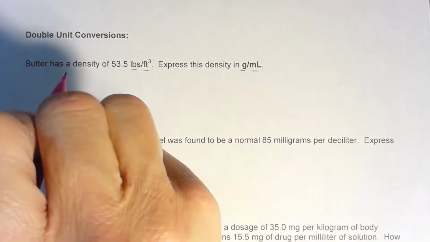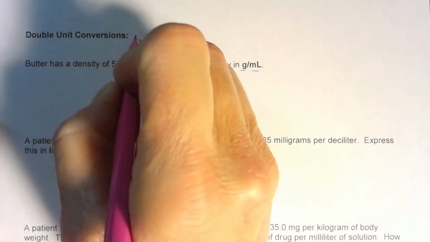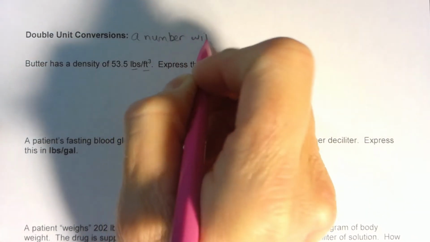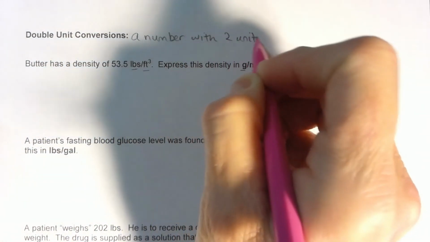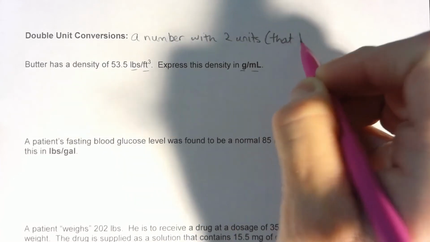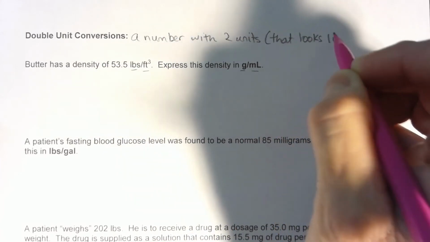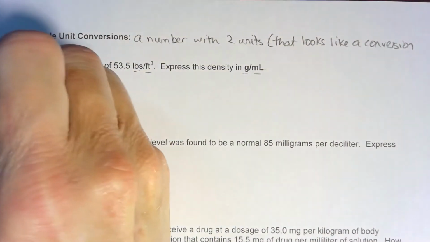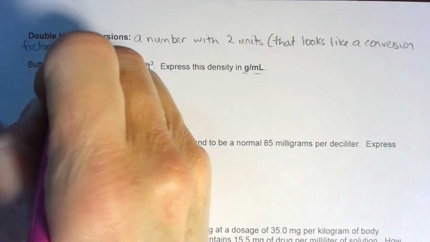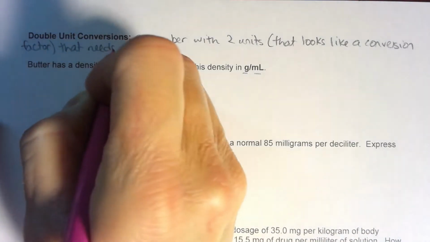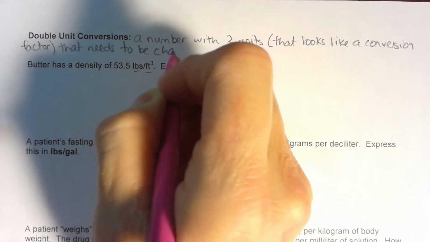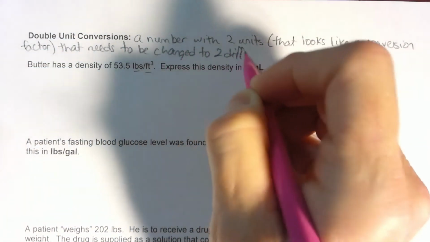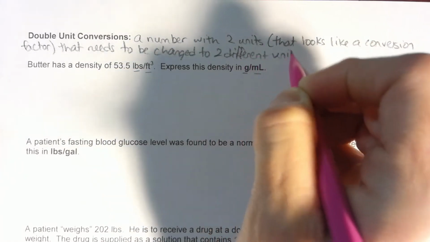So you will know that you have a double unit conversion problem when you have a number with two units that looks like a conversion factor that needs to be changed to two different units.